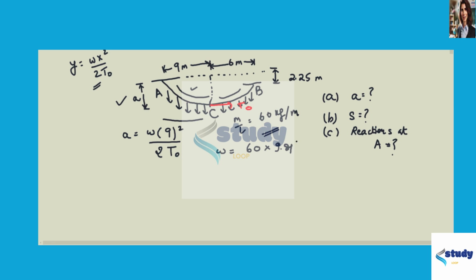We put this value of W in the equation, so a becomes 60 times 9.81 times 9 square divided by 2 T naught.